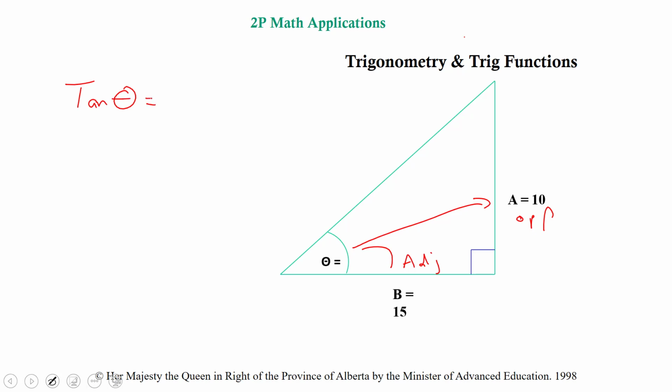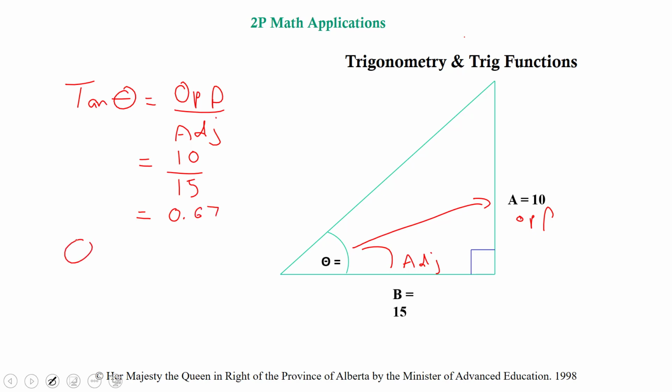So tan theta, the TOA, is opposite over adjacent. If we fill out our values here, we have 10 divided by 15, so that's 0.6 repeating. I'm going to round to 0.67.